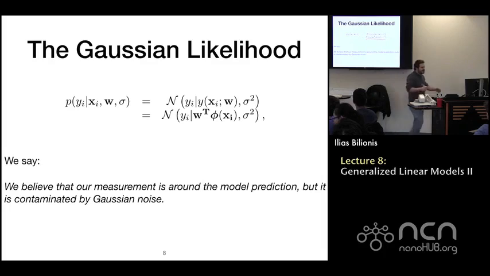So let me write it down again. When I write N(z | mu, sigma squared), what I mean by that is the PDF of a normal with this mean and that variance evaluated at z. So that will be 1 over square root of 2 pi sigma squared, times exp of minus (mu minus z) squared over 2 sigma squared. That's what it means.